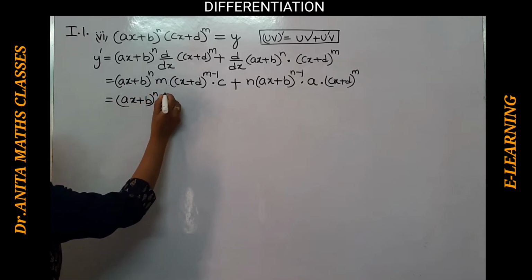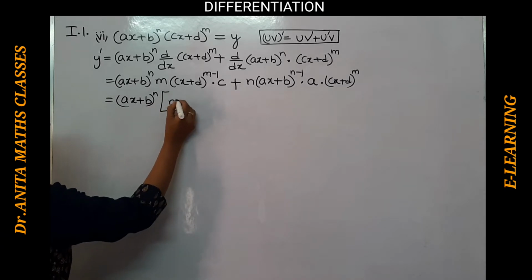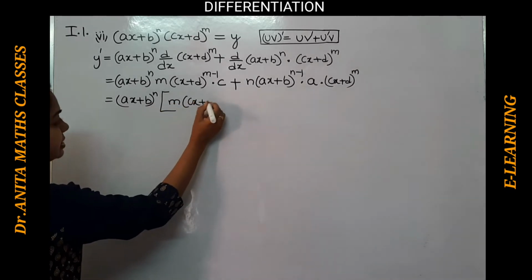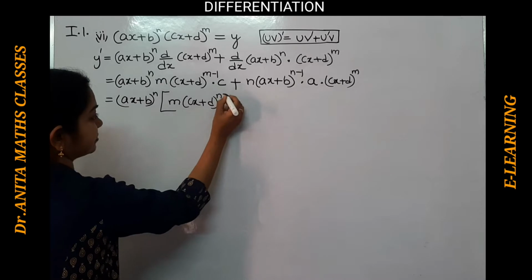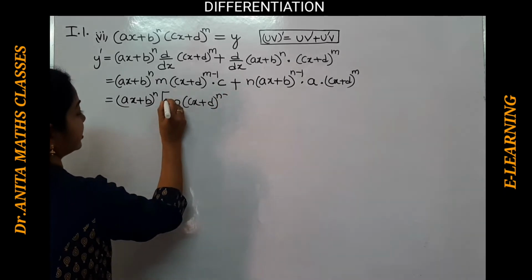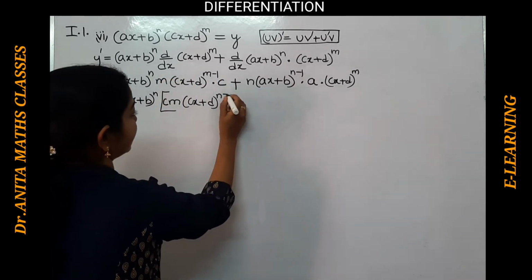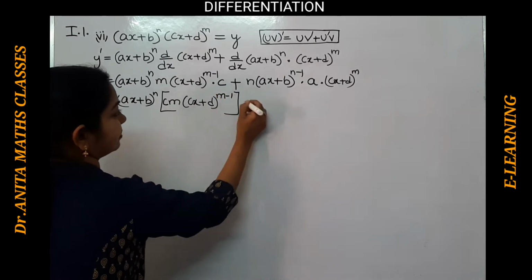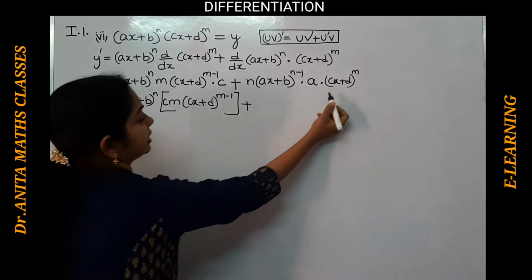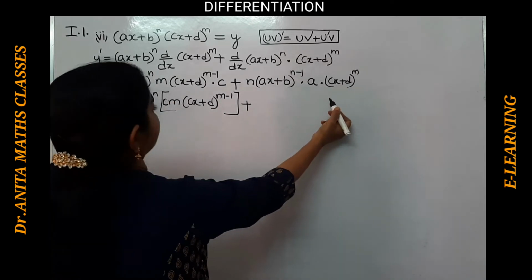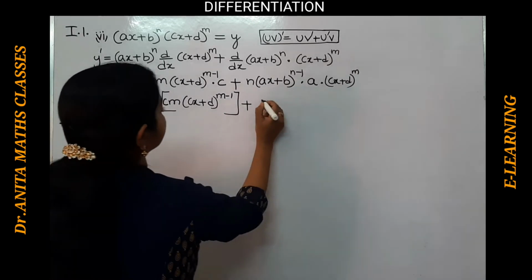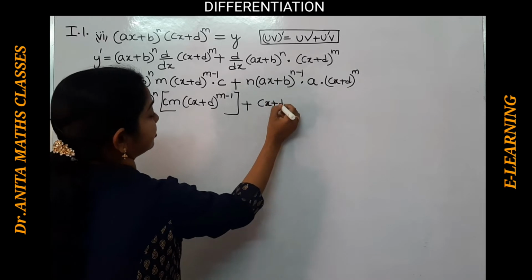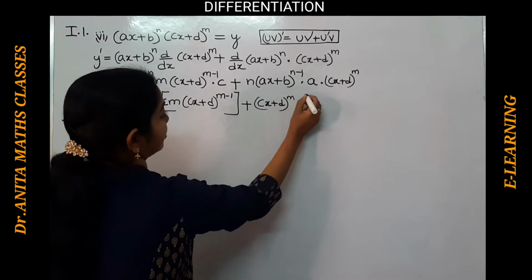Yes. Now here we can take common (ax plus b) to the power of n. I'll take it common. So the remaining is m, (cx plus d) to the power of m minus 1, times c, so let us write cm. Plus here we can take, let me take (cx plus d) to the power of m common.